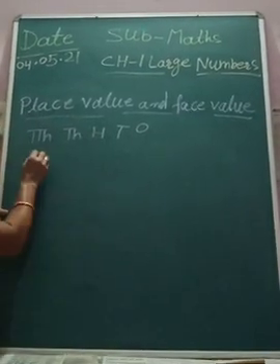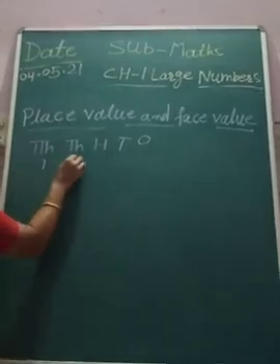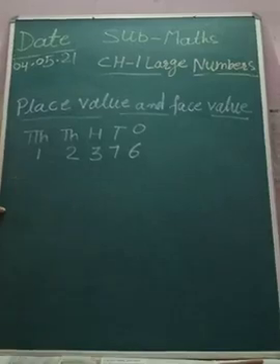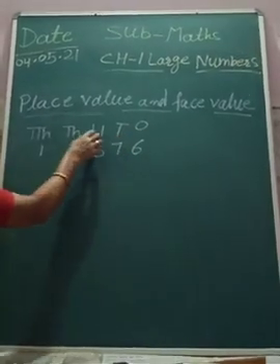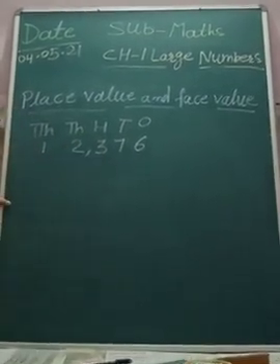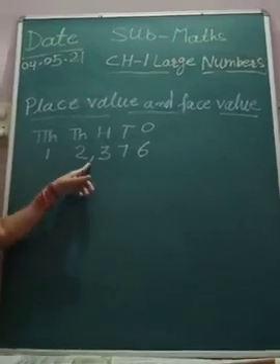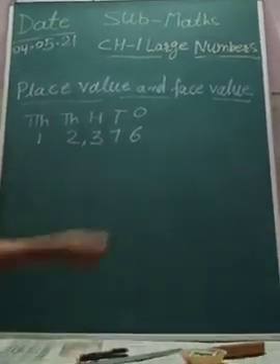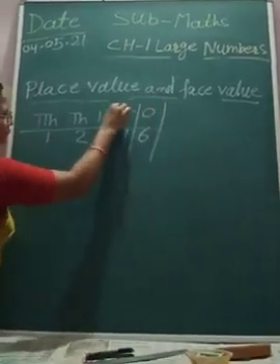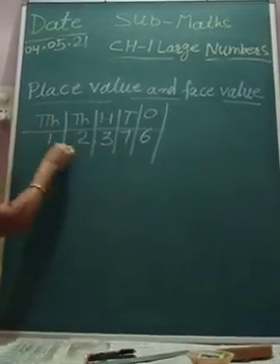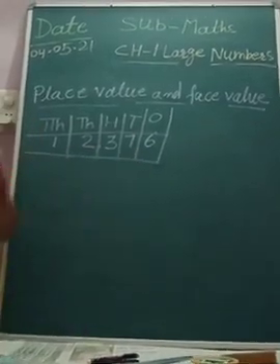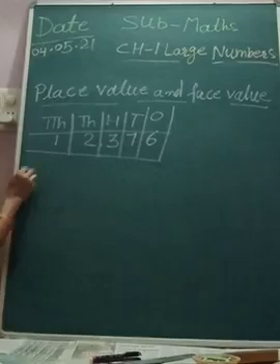If I have written the number 12,376, now if you have to read this one by one, how will you read? See, 6 is on the ones place.